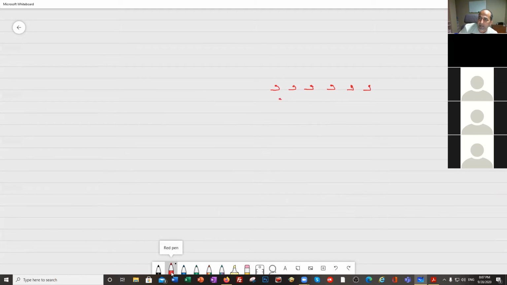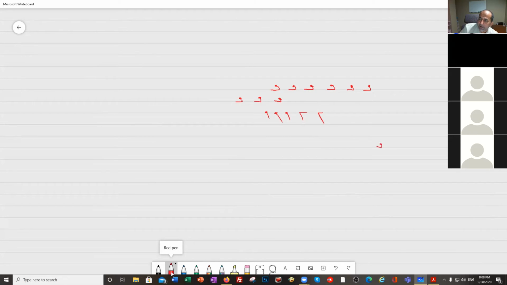It joins from the right side, since all of them join from the right side. Noon at the end, when it is joined to the letter before, is going to look like this. This is the joining one. And when it stands alone by itself at the end, it is going to look like this. This is the noon.